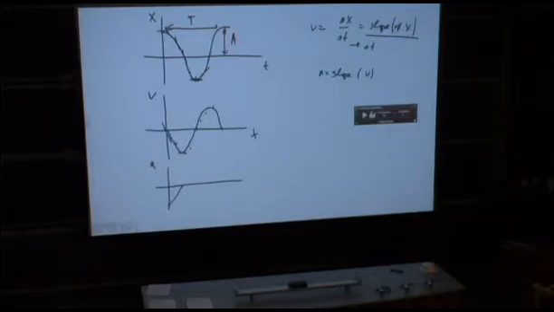Then it becomes positive, reaching maximum slope, and then gradually goes to 0 again. And here, again, reaching maximum negative value. So something like this.